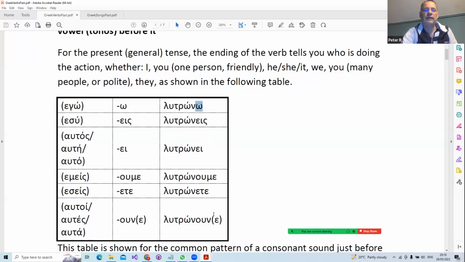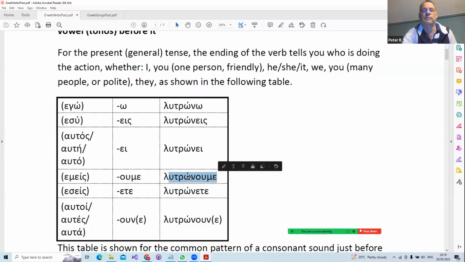Okay, the other one. So if the verb had the tonos here in the stem, which litrono doesn't, it has it at the end of the stem. The stem is up to the n. So if the tonos was here, then when we come to these ones down here, because the ending is longer and the tonos has to be in the last three syllables, we would have to move it along.